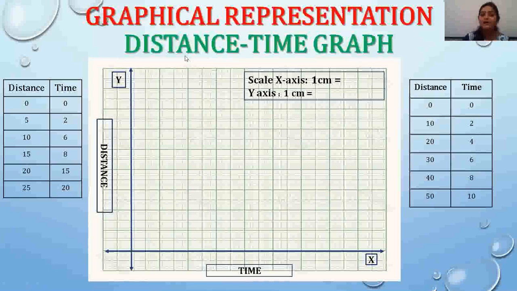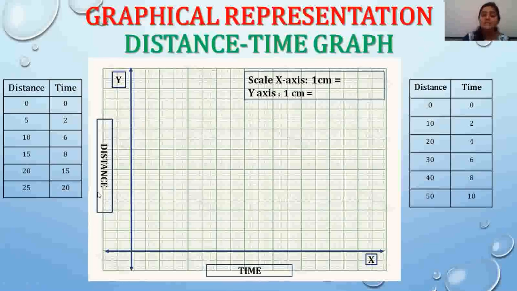Now, as we are plotting the values for distance and time, we need to decide on which axis my distance is going to be placed and on which axis the value of my time will be placed. Now you can see clearly on the graph that I have placed distance on the y-axis and time on the x-axis.